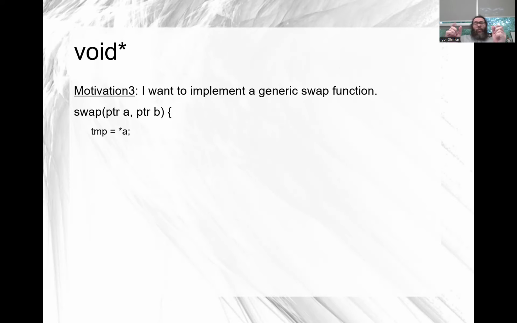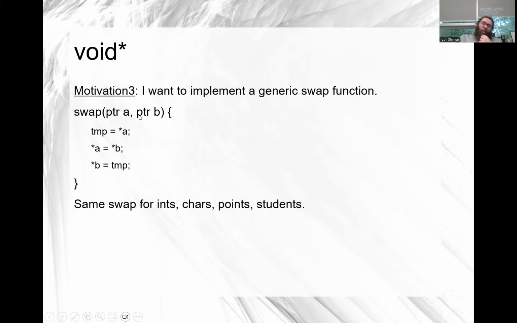Maybe it's an array of students or something else. So in general, swap works like this. And it's the same swap, whether it's ints or chars or points or students or cars, whatever the object is. We have exactly the same logic for swap, and the only difference is the type we put inside.